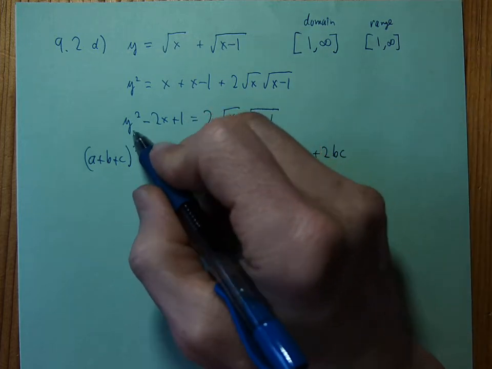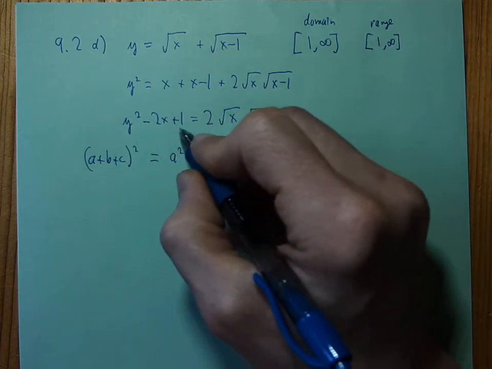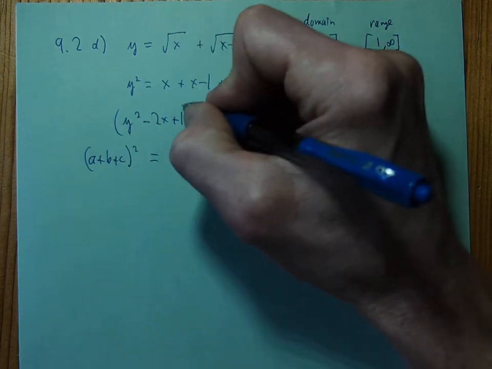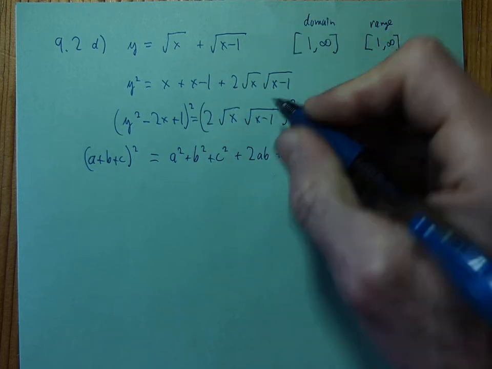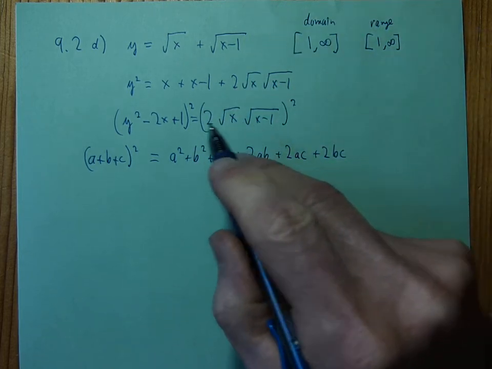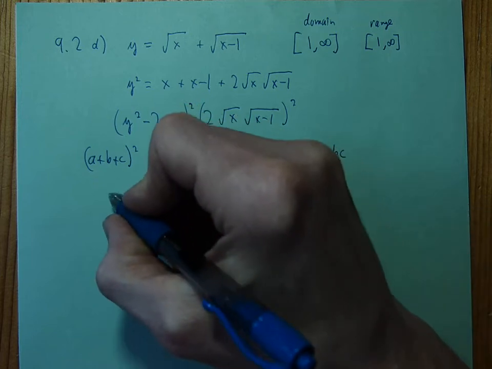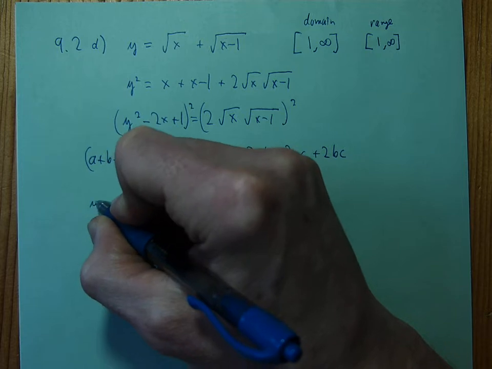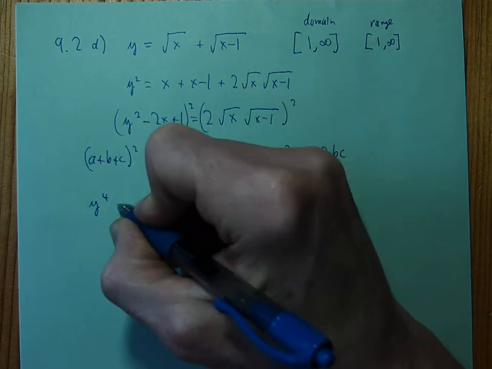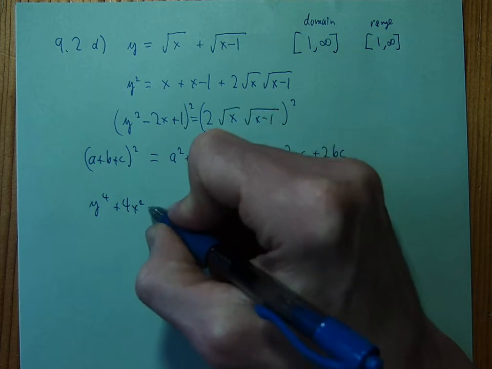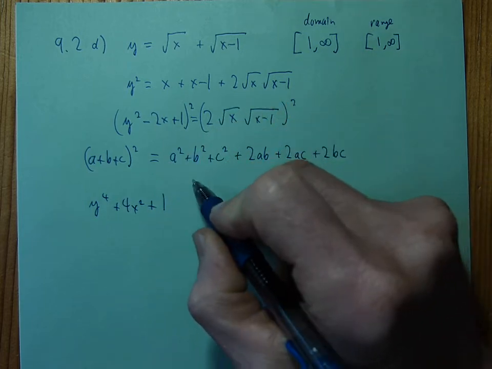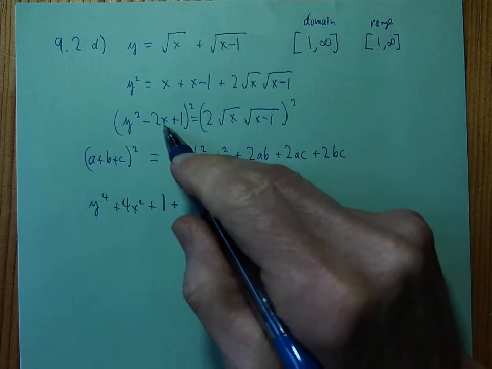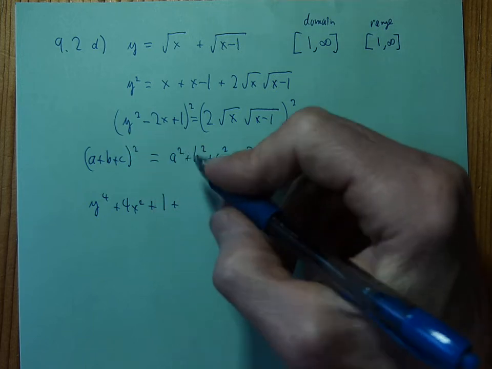So let's do that. On this side then, we have each one of these squared, so I'm going to do that first. So we're going to square this whole thing. The good thing is this side is actually pretty easy. That side's nuts. It's got to get all these things. So we have this squared, which is y to the 4th, this squared plus 4x squared. 1 squared is nice, that's plus 1. And then plus 2 times ab, so that's 2 times negative 2x times y squared.